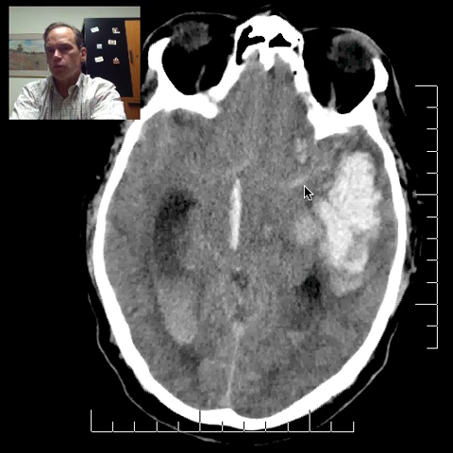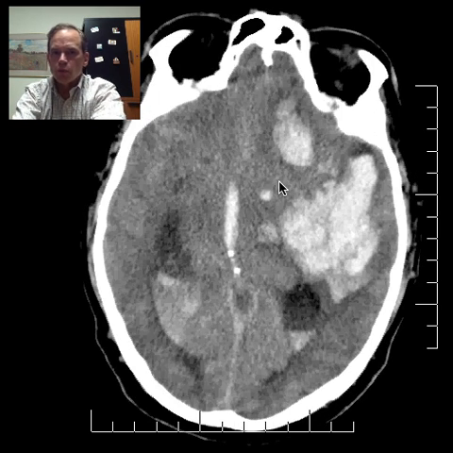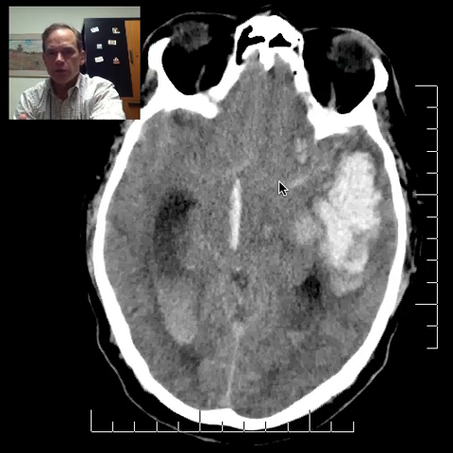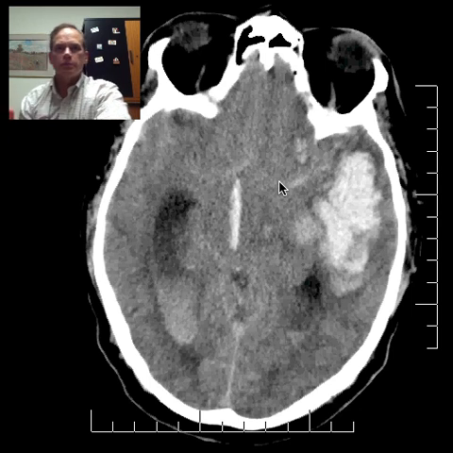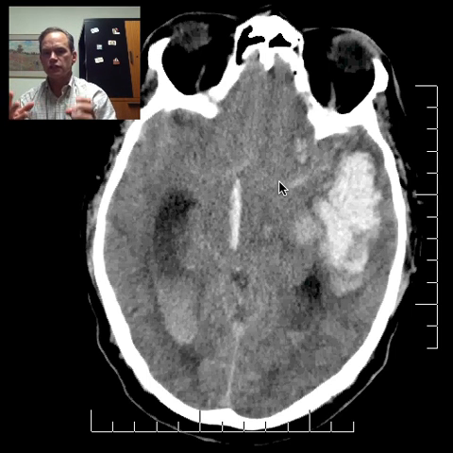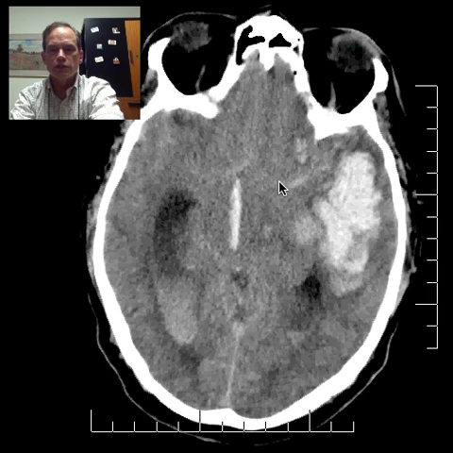It is from that M1 segment that these little perforating vessels emanate and course upward, and they become friable with time, particularly in patients who have hypertension. They undergo some pathologic changes in their wall which predispose them to hemorrhage.